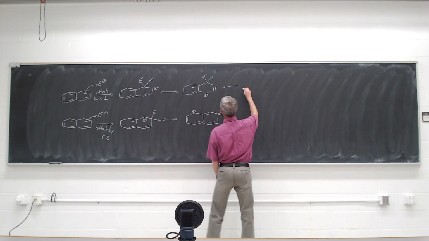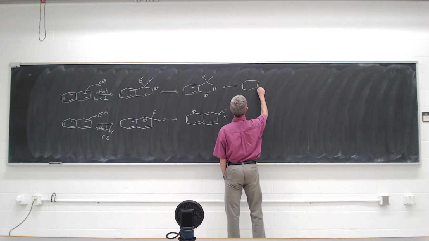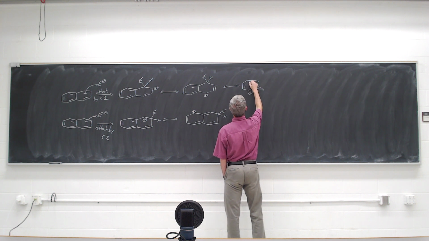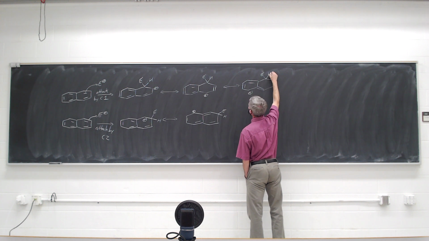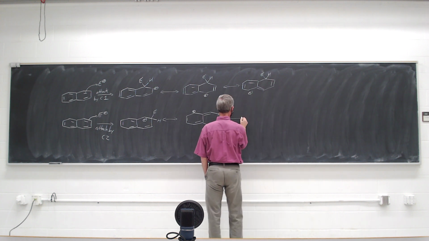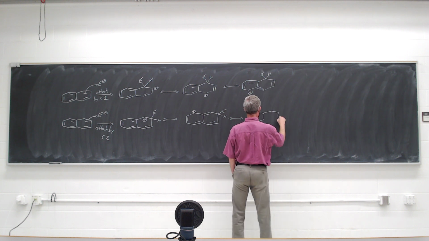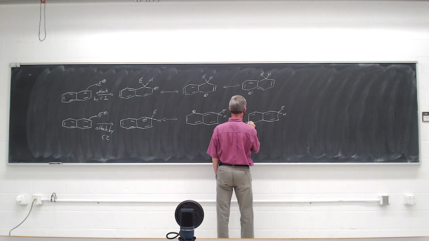And the faster you can draw the resonance structures, the sooner we can get to actually talking about them. So the key to success here is to draw these things enough times that you just get really good at drawing resonance structures.